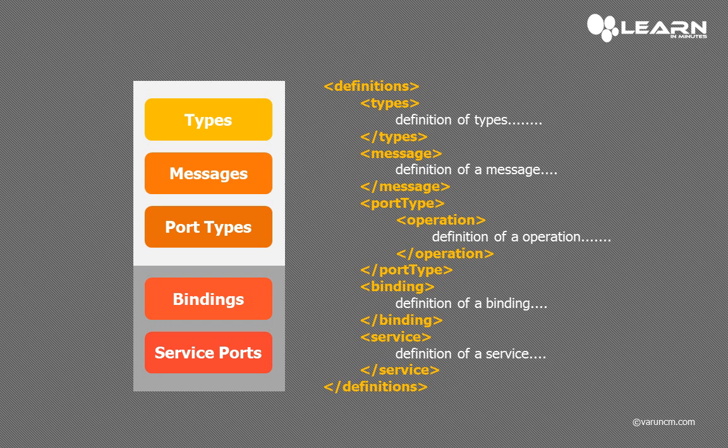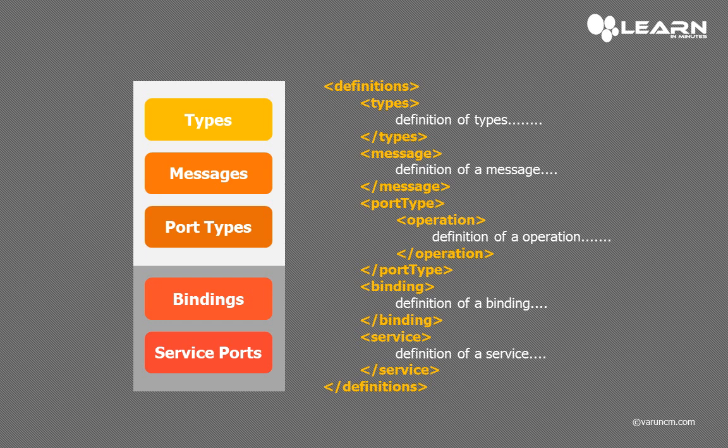In case of the message tag, it is used to define the message which is exchanged between the client and the server. And next is the port type. It encapsulates every input and output operation, or the input and output messages. Whatever input and output message you are going to give, all those things will be encapsulated inside the port type tag.